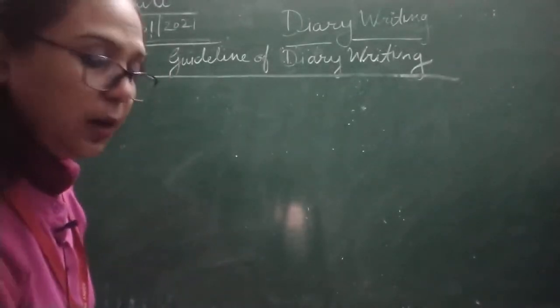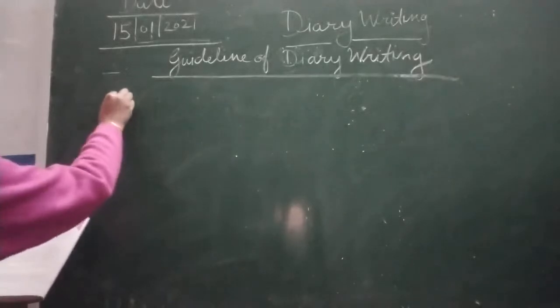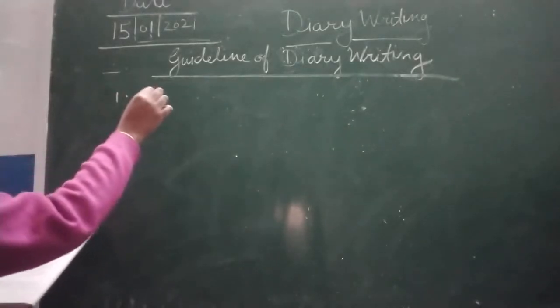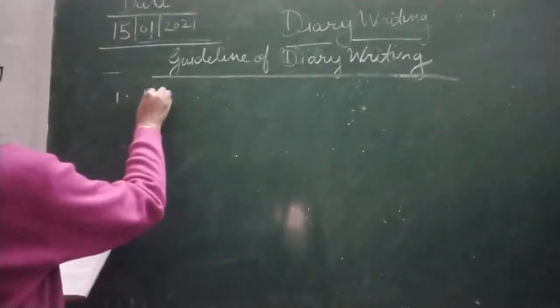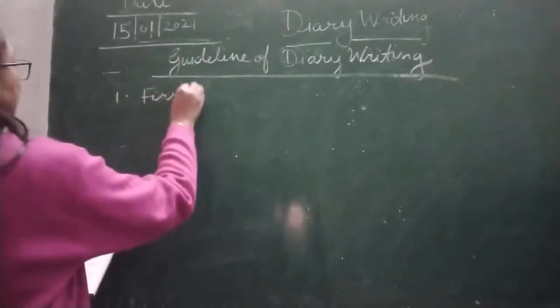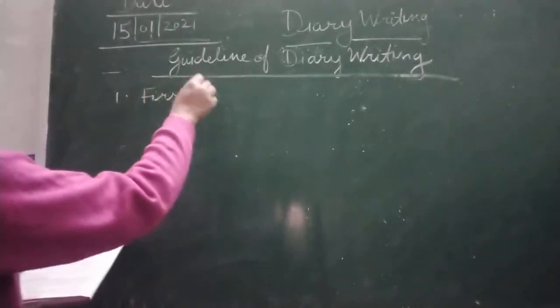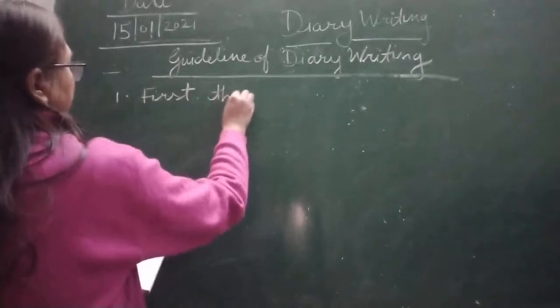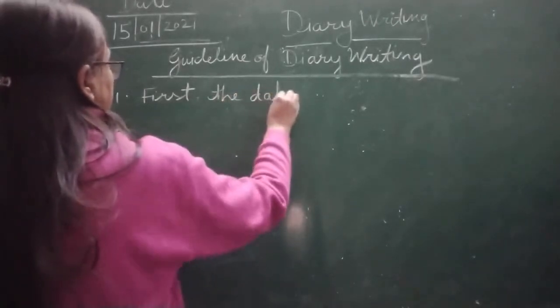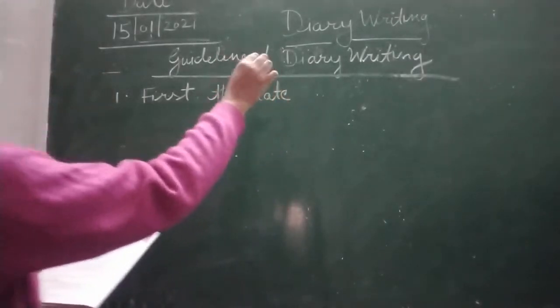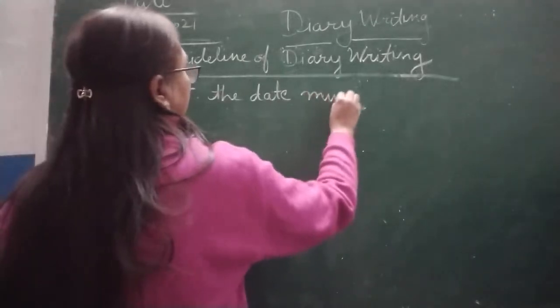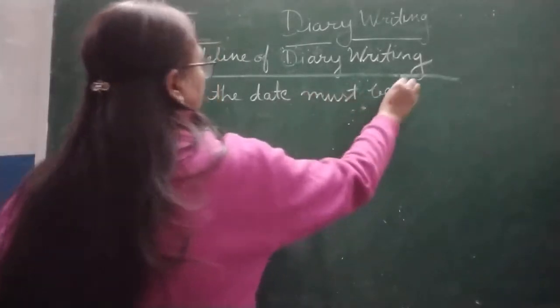Now children, the first point is that first the date must be mentioned. It means whenever we are writing a diary, we should mention the date first.